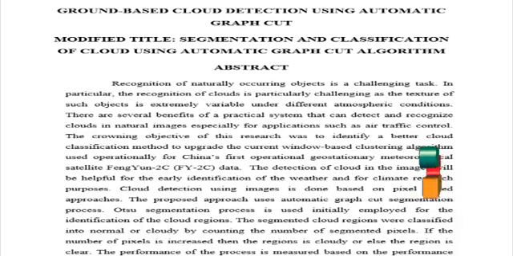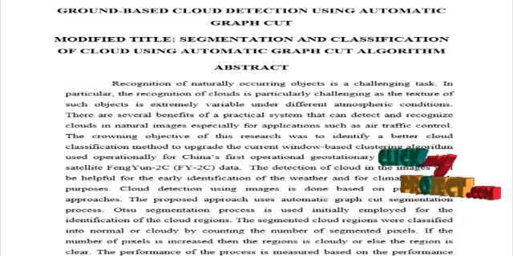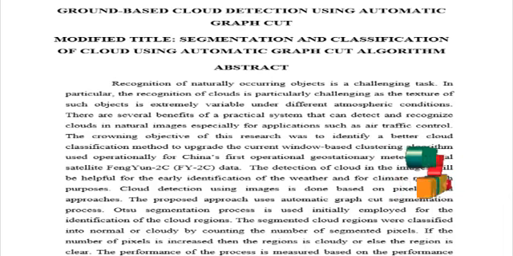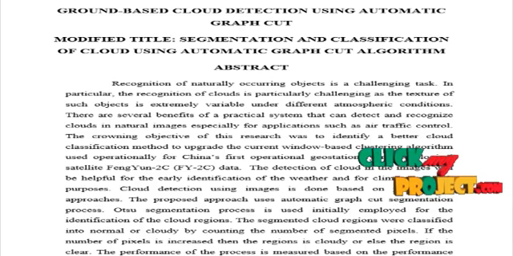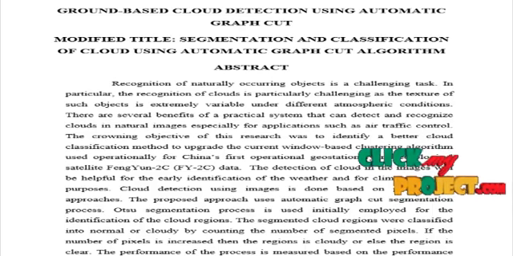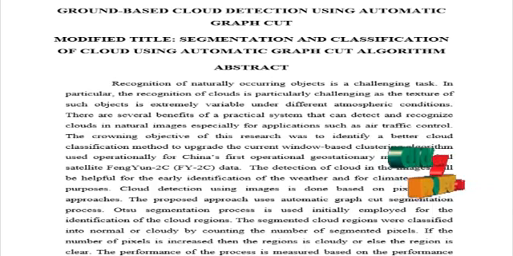The images were initially segmented based on the Otsu threshold segmentation process. The segmented images were then further segmented based on the automatic graph cut segmentation process. The segmented image pixels were counted.